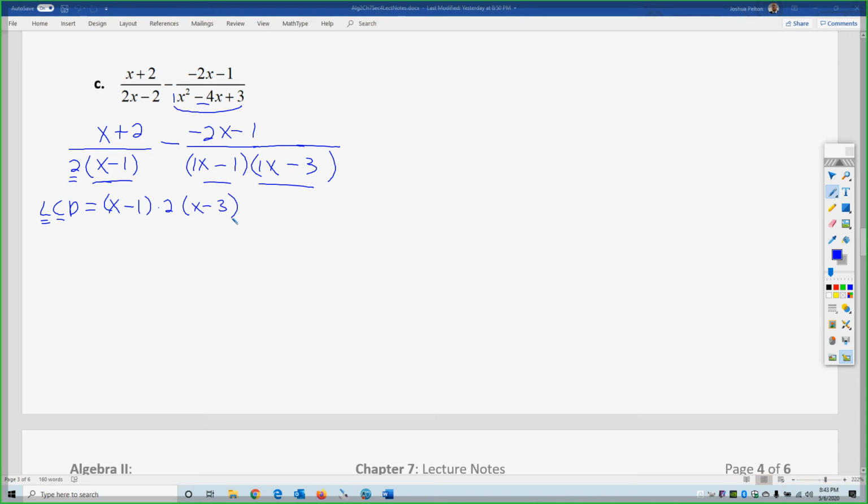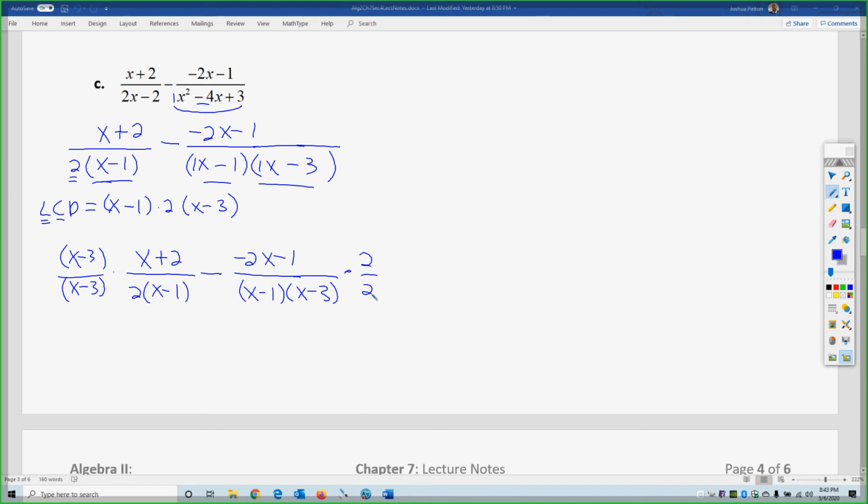So we have x plus 2 over 2 times x minus 1, minus negative 2x minus 1 over x minus 1, x minus 3. So the left-hand term is missing the x minus 3. So we'll multiply by a fraction of 1. The right-hand term is just missing the 2. Because again, the goal is to get this LCD to both terms.